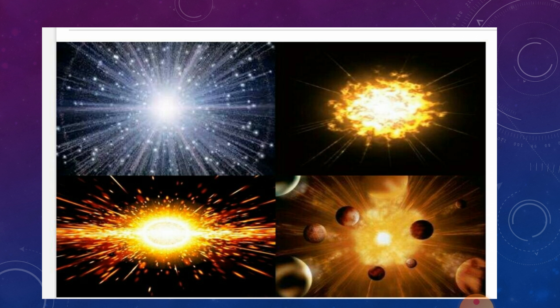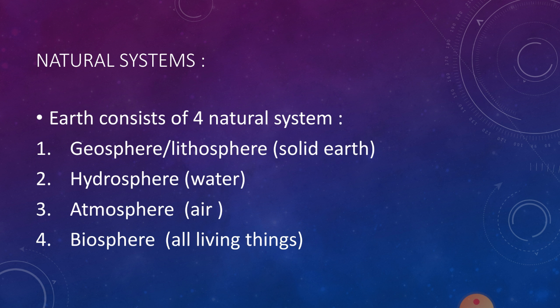This is how it looks. First of all, it was not small, it was in the form of a single hot mass. Then a burst occurred, a big bang occurred, and due to this big bang, the different planets and galaxies, in simple words, the whole universe was formed.